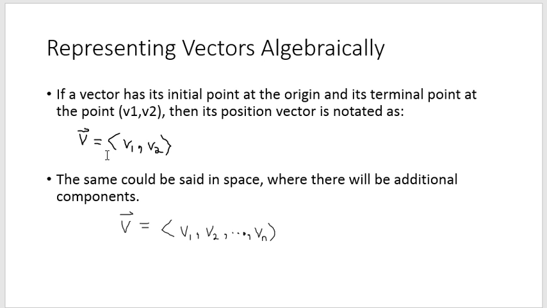Vector v equals component v1 and component v2 in triangular brackets. The same can be said in space, where there will be additional components, v1, v2, v3, v4, and so on up to vn.